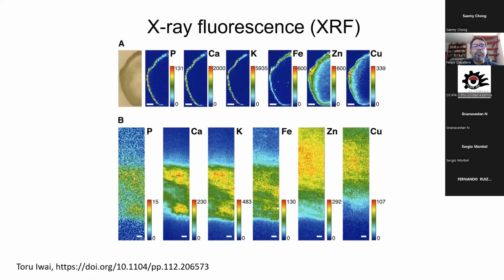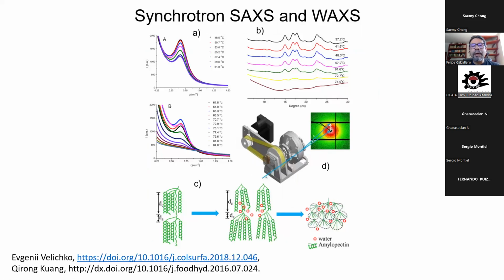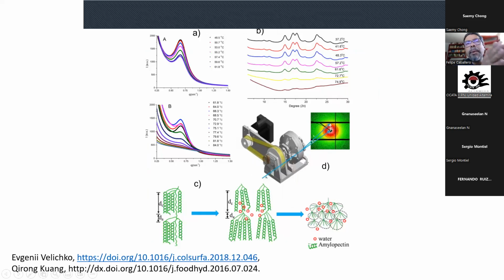This is an example of synchrotron-based small angle X-ray scattering and wide angle X-ray scattering. When we talk about small angle X-ray scattering, we are talking about the diffraction that comes from the sample at diffraction angles below 5 degrees.